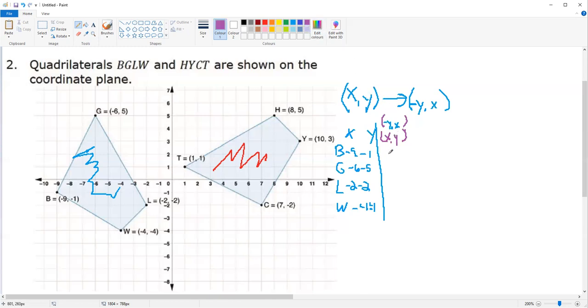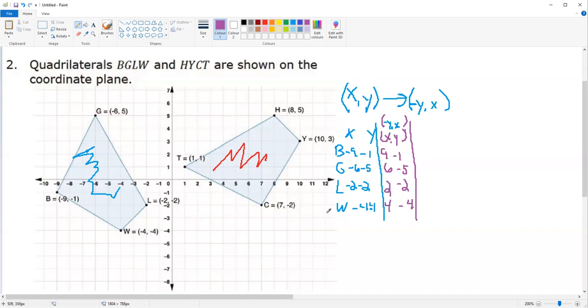So my negative y's are going to be 9, 6, 2, 4. And then my y's are going to be -1, -5, -2, and -4.